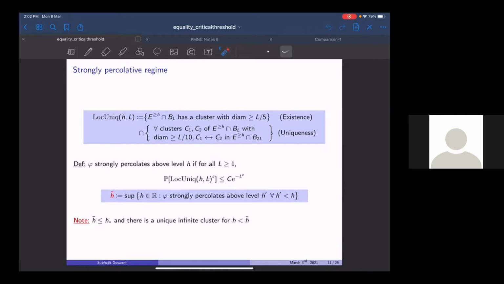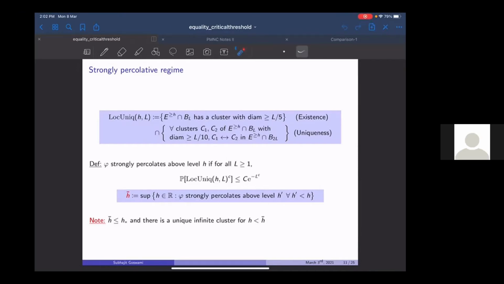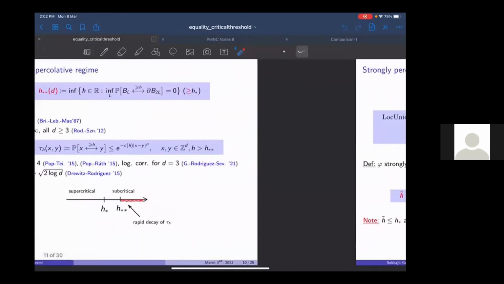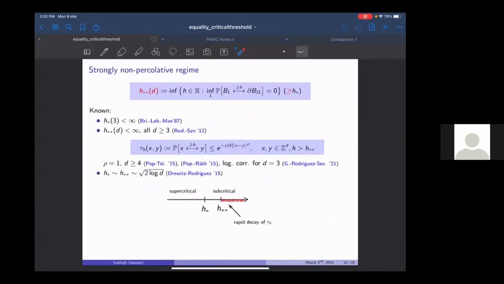So let us start with a brief recall of what we did last time. We had a quick recap of the classical facts from Bernoulli percolation, and then we ended up asking the same question for a strongly dependent, in a certain sense, percolation model on Z^d.